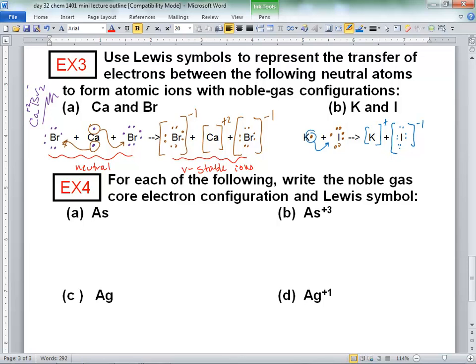So if you didn't get EX3, just ask. Or writing the Lewis symbol with the noble gas, or do you write it just right here? Yeah, you just write As with the number of dots around it.